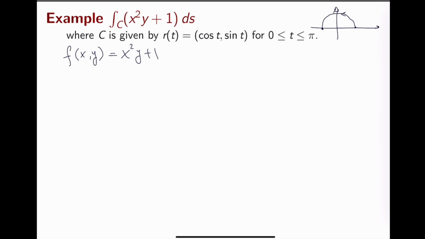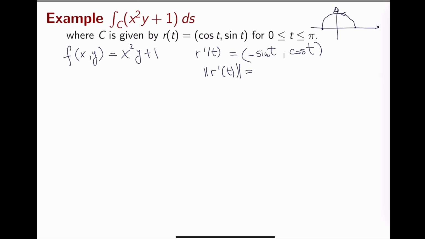Okay, so according to the definition that we just saw, besides the curve, we need to have the derivative of the curve. So we calculate the derivative of the curve. That will be the derivative of cosine, which is minus sine, and the derivative of sine, which is cosine. Once you have the derivative of the curve, what we need is the norm of this derivative.